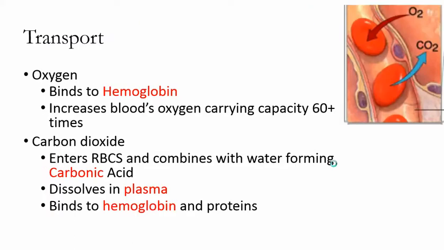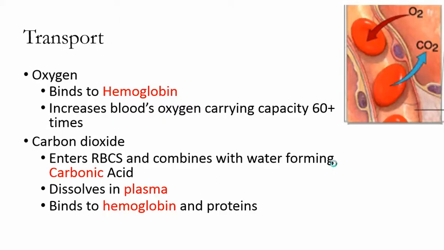As far as transporting the oxygen and the carbon dioxide, we know that hemoglobin will transport it, and the hemoglobin really increases the blood's carrying capacity for carrying oxygen. And for the carbon dioxide, a couple things can happen. Now, if the carbon dioxide does not leave the blood like it needs to, it can enter red blood cells, and it interferes with the blood being able to carry the oxygen.